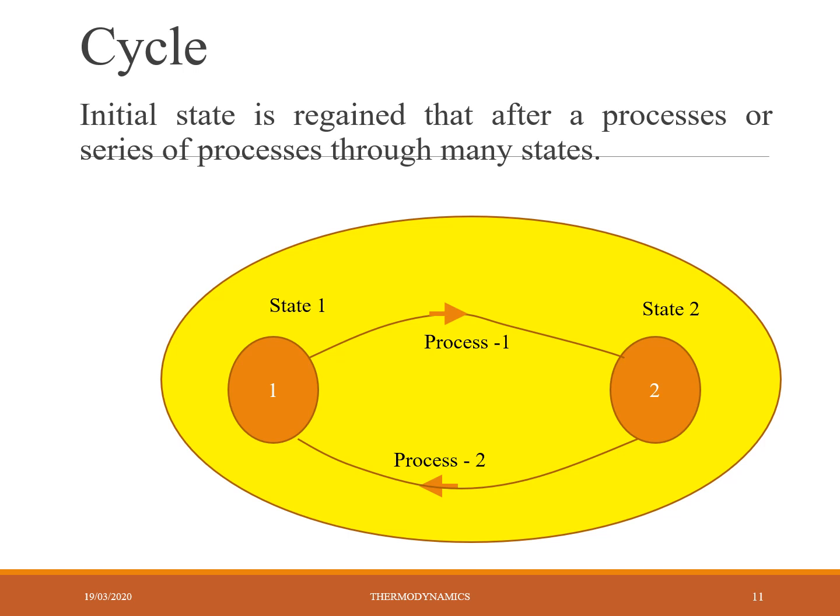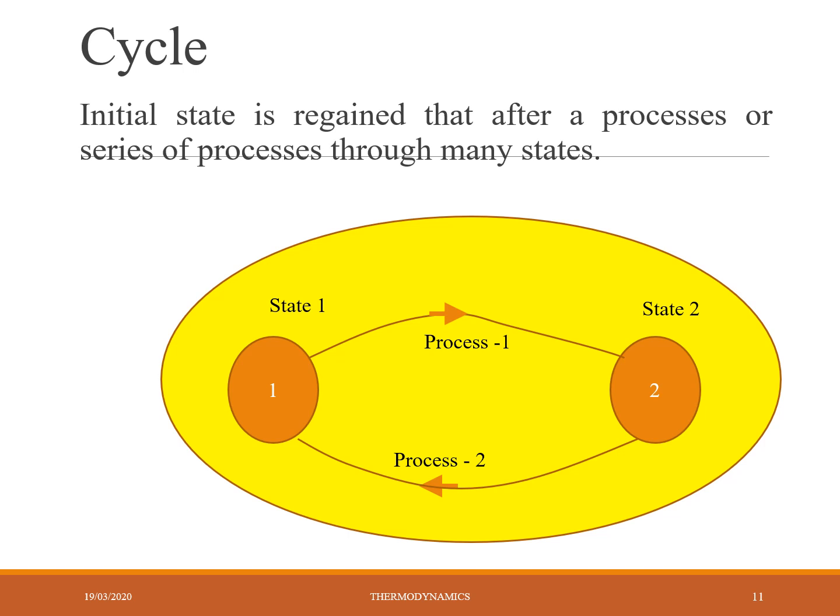But how do we define our cycle? After a series of processes, you have to come back, like when you are coming home, right? Then we can define a cycle like this. Initial state is regained or reached again after passing through at least 2 or a number of processes.